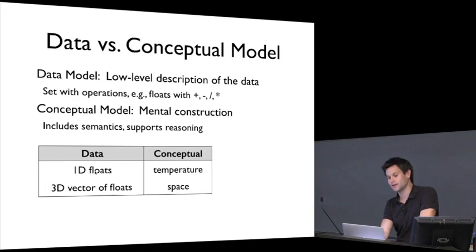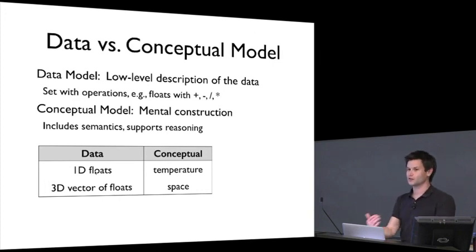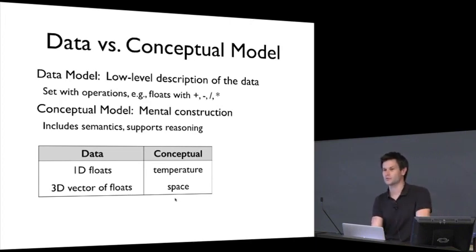But if you know that this is a temperature, you can also add the meaning. For instance, you know that a certain value is very hot. And the same is for 3D vectors. And if you know that this is a space, so a location in three-dimensional world, then you know how to interpret it.